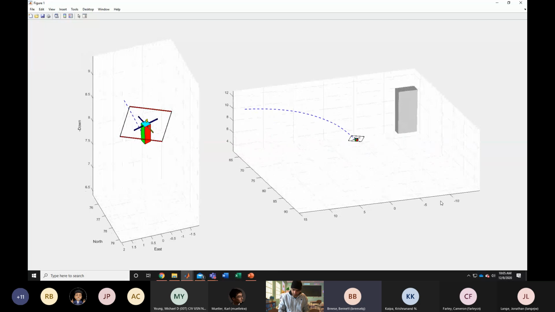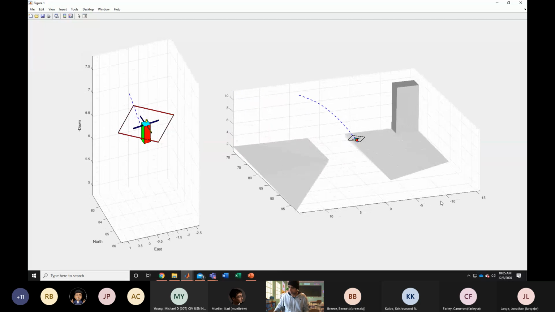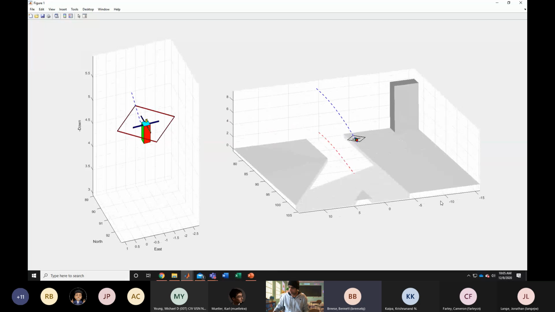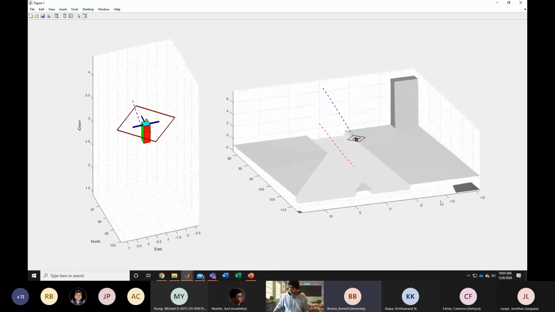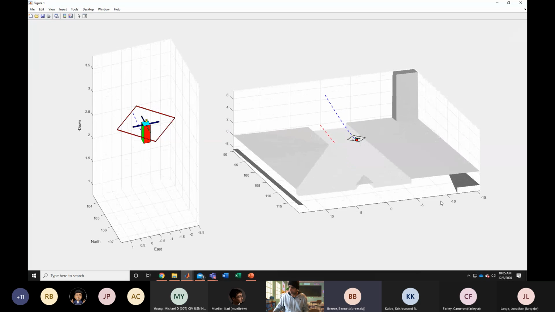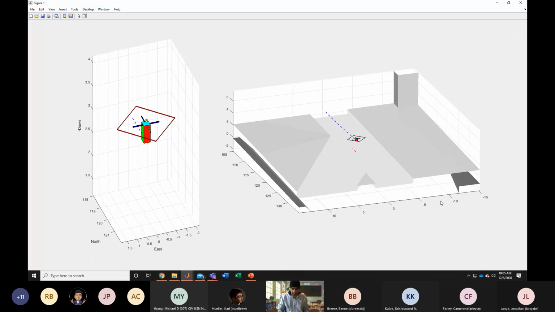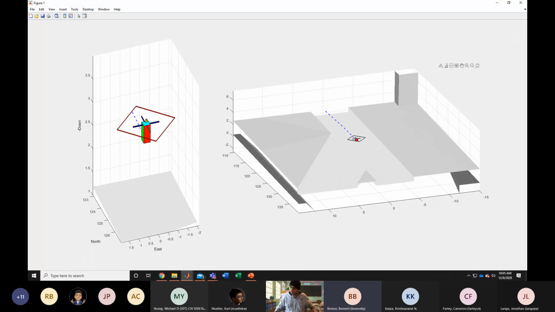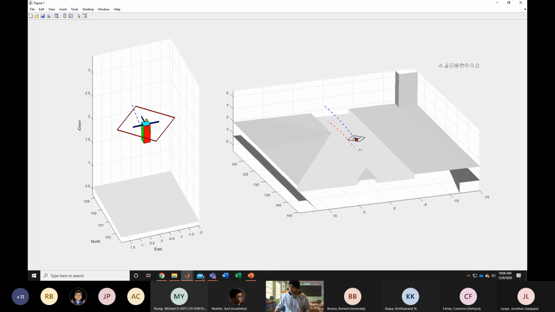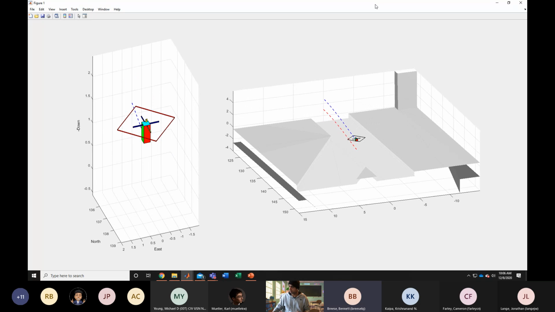And now it's in phase 2. And you can see it starts to track the velocity pretty closely there. And eventually it will reach the flight deck.